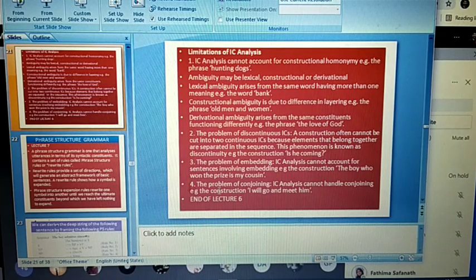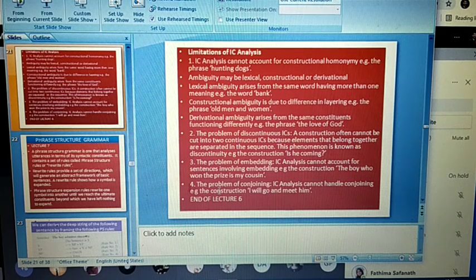Thank you, Kiran. Thank you, Dilbar. Ambiguity may be lexical. What do you mean by lexical? Word level, dictionary meaning. Ambiguity can be lexical. It can be constructional, like in hunting dogs, where you are combining two words.